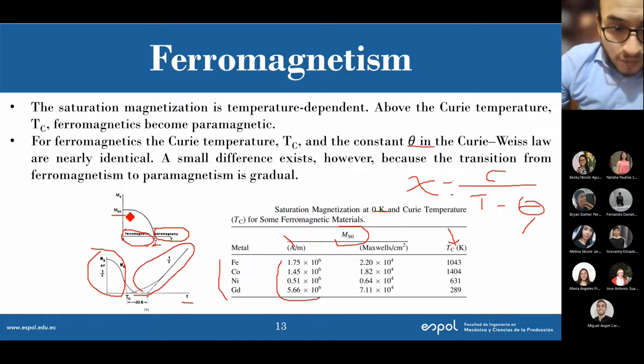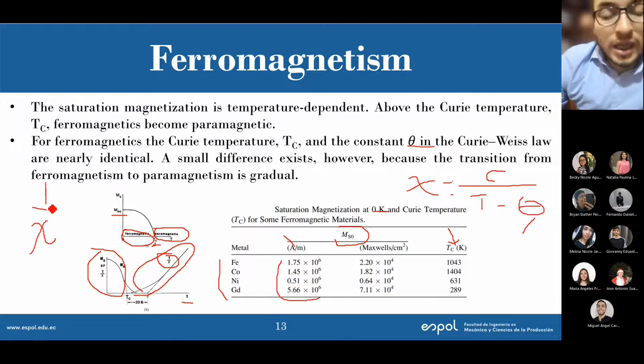There's a relationship of 1 over chi. That's for paramagnets. 1 over chi, right? That is, once the material becomes paramagnetic, the magnetization is inversely proportional to the susceptibility. Okay?